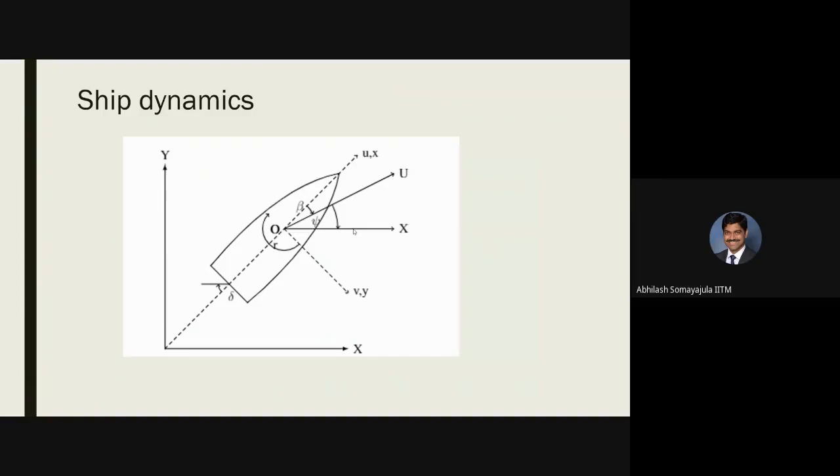But this angle, if you take a derivative, you won't get r. The derivative of psi with respect to time need not necessarily lead to r. It will not lead to angular velocity.